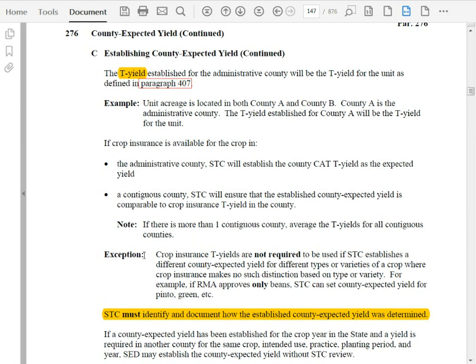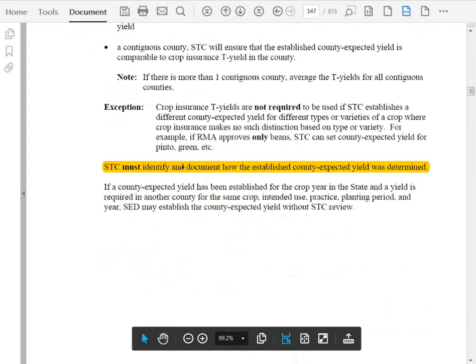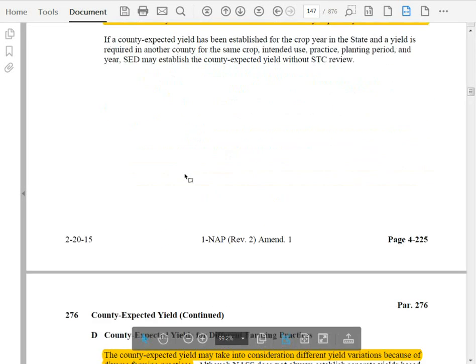If they are, then they're going to want to look to set yield information similar to how it is established through RMA. Specifically, if it's available in a certain county, what the county average yield should be in that county. Also, how it relates to contiguous counties. Always, the state committee must identify and document how the established county expected yield was determined.